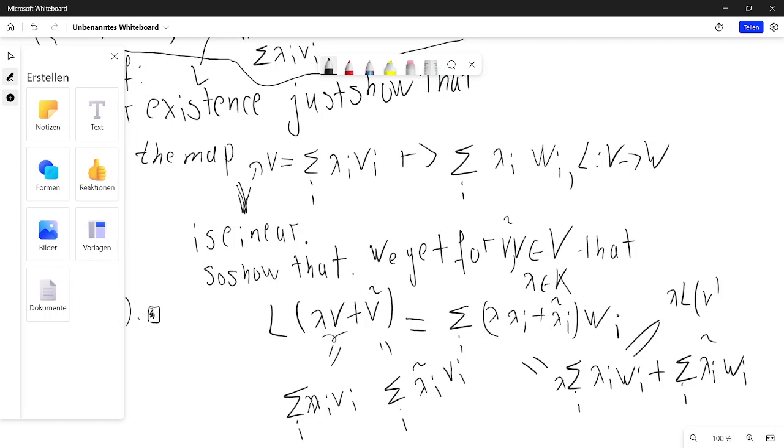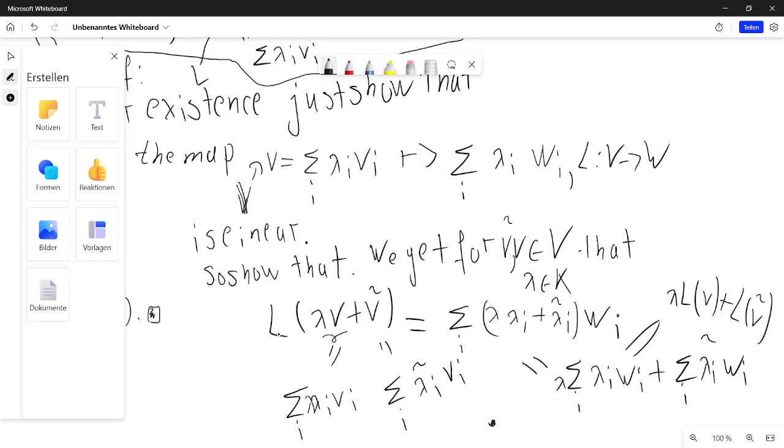Lambda L of v plus L of v tilde, which is exactly the linearity, right? So we have shown this map is linear. This map exists because we have just defined it properly, right? There arise no problems by the definition of a map, because we have explicitly for each vector defined how this vector is mapped, and it gives a proper map. We can define it without problems.